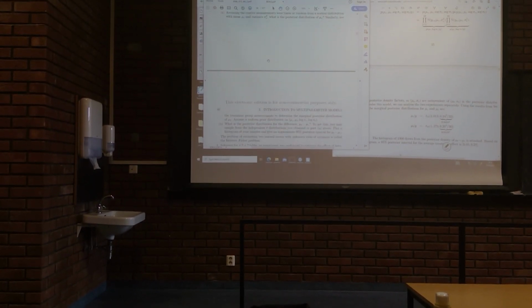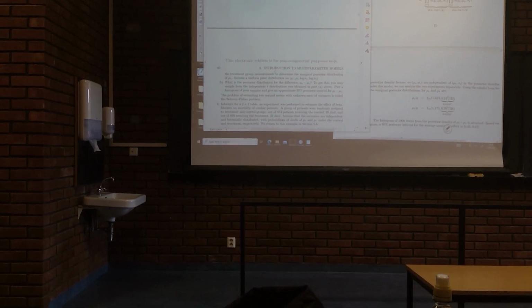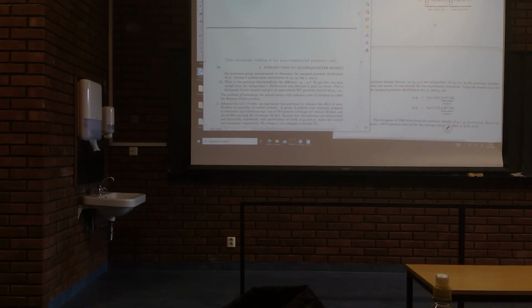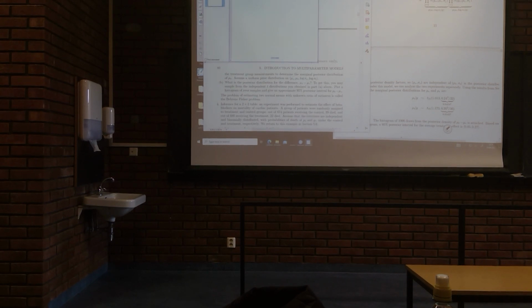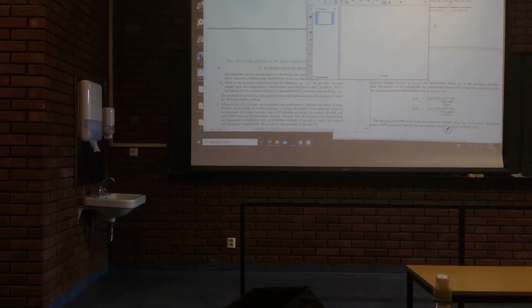But what we are going to do then is to assume a uniform prior on all the parameters involved. But note that for the variances or standard deviations, we assume this uniform prior on the log scale. And perhaps I should go through this because that might have been a bit unclear.